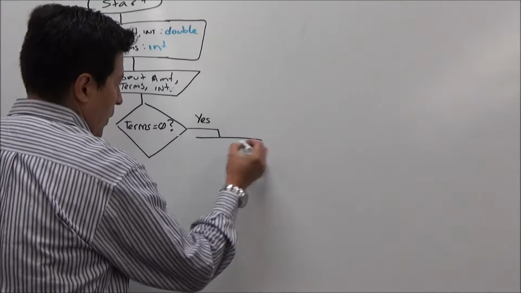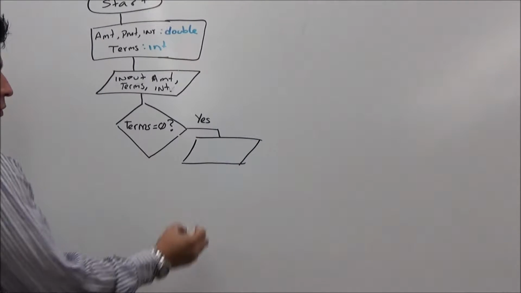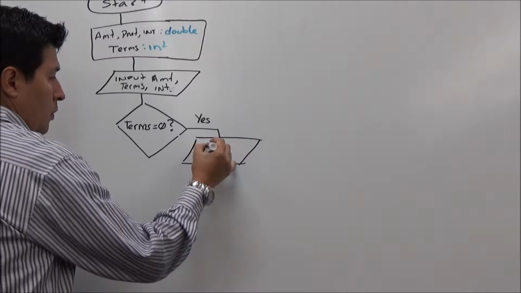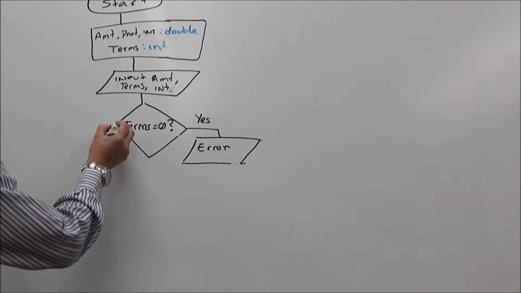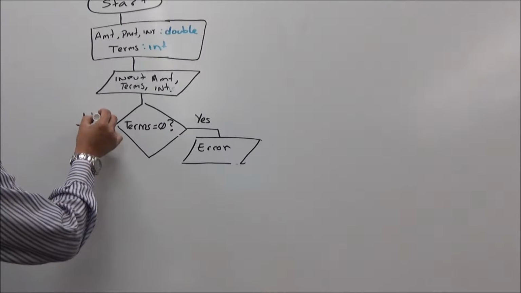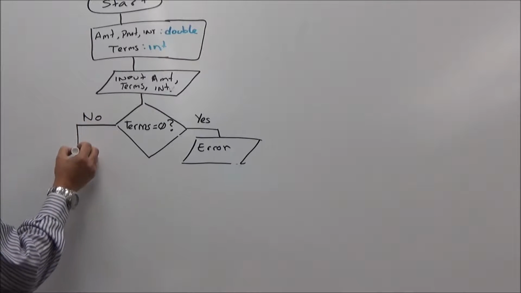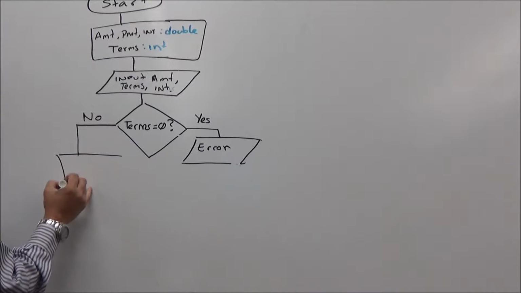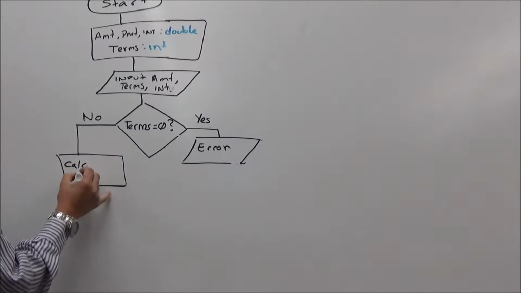So there's no loan, it's basically making a cash purchase. No. Display an error. If the answer is no, then we proceed to calculate the payment.